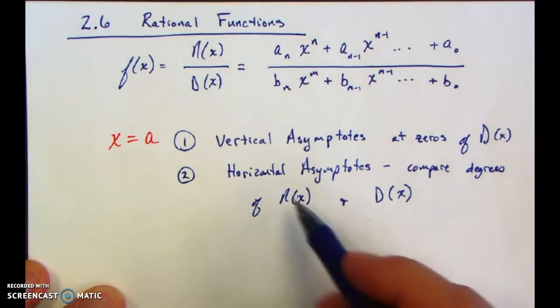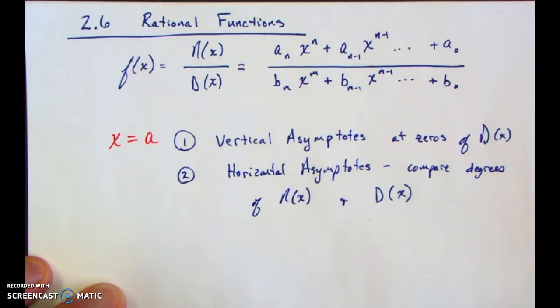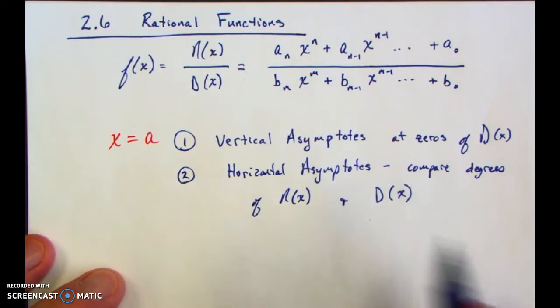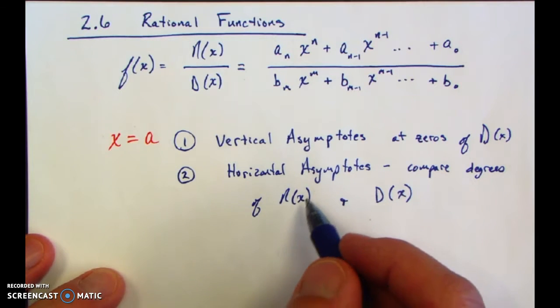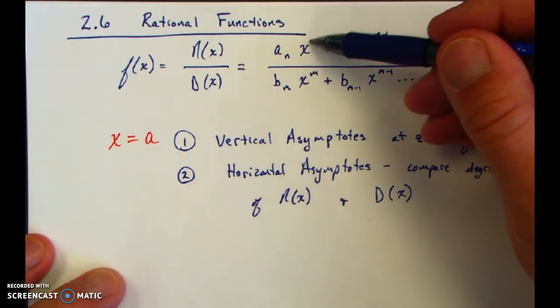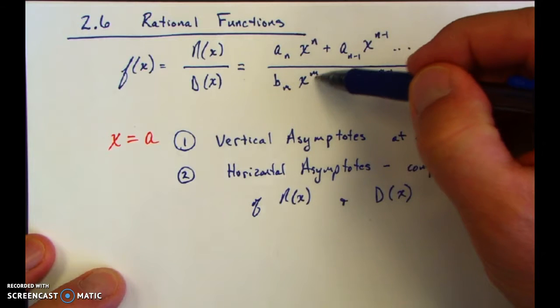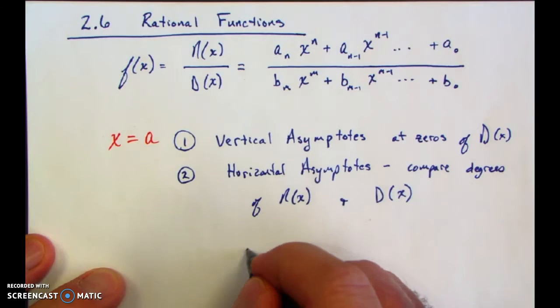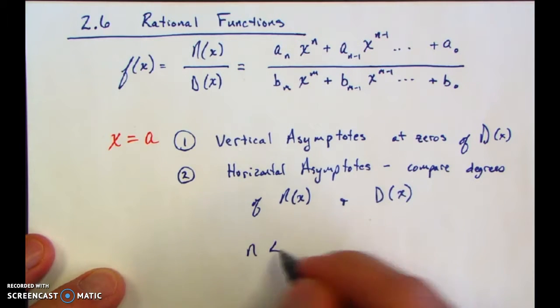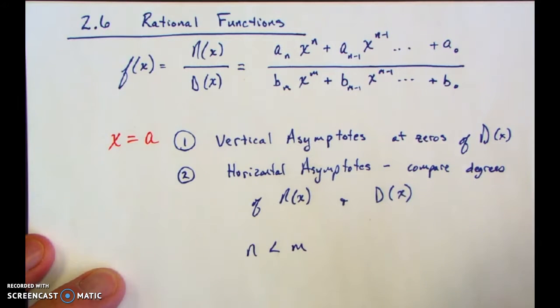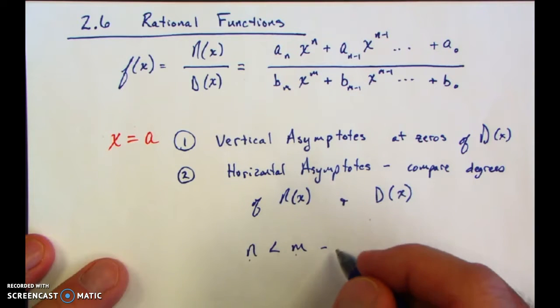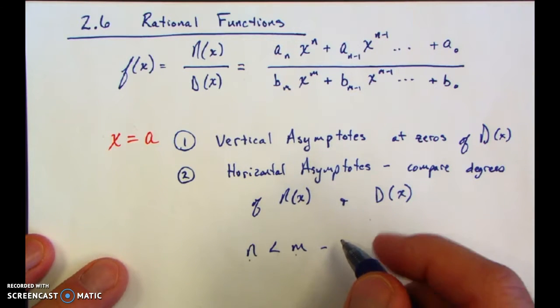When we compare the degrees of those two, that's what's going to help us determine what's going on with those horizontal asymptotes. Now let's say that the degree of our numerator is n and the degree of our denominator is m. So if the degree of the numerator is less than the degree of the denominator, then that's going to give us a horizontal asymptote at the x-axis.